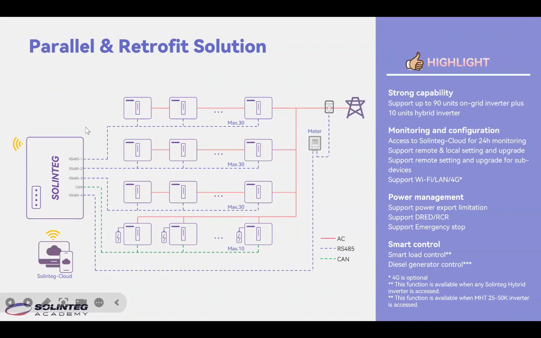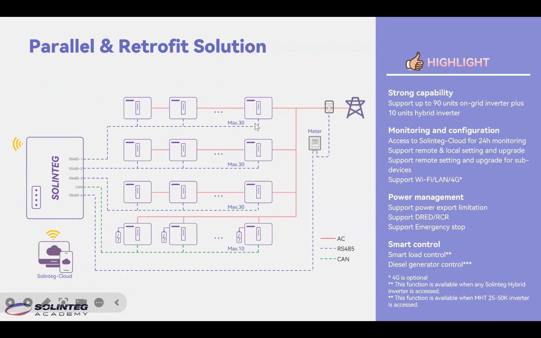But here is a point you should note: the distance of one branch line cannot exceed 1,200 meters. It means the distance between the first on-grid inverter and the last one cannot exceed 1,200 meters.